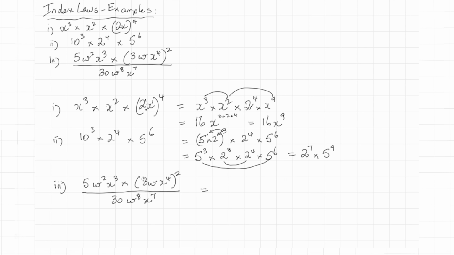So to get this a little bit simpler, the bottom's okay as it is. We can just write it straight in. And to make the top a bit simpler, we'll remove the brackets. So we'll go 5w squared x cubed times, now this is squared, so it's 3 to the power of 2, w to the power of 2, x to the power of 8.